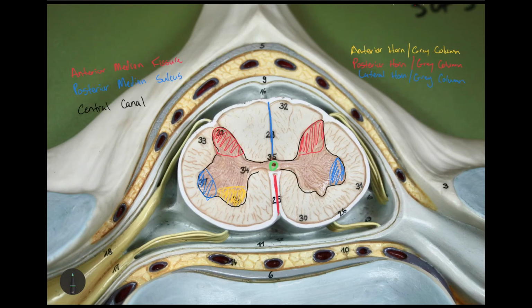The white matter of the spinal cord also has particular regions that have names. Right here, between the anterior horn of the spinal cord and the anterior median fissure of the spinal cord, we have this region that I'm coloring in green, and it's found on both sides. This is called the anterior funiculus, or funiculi for plural, of the spinal cord.